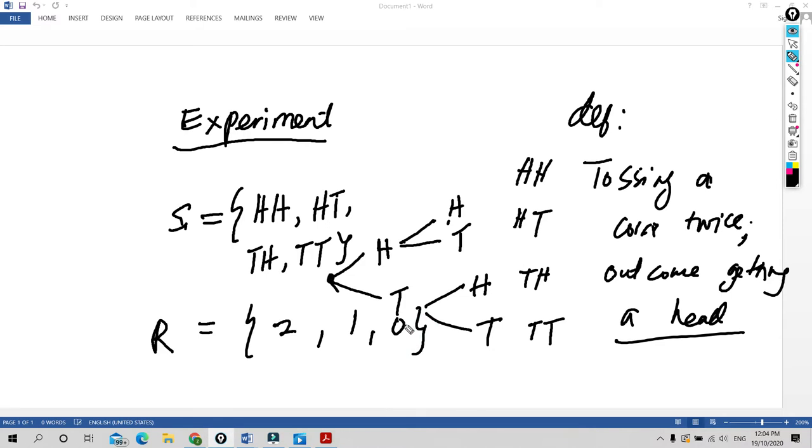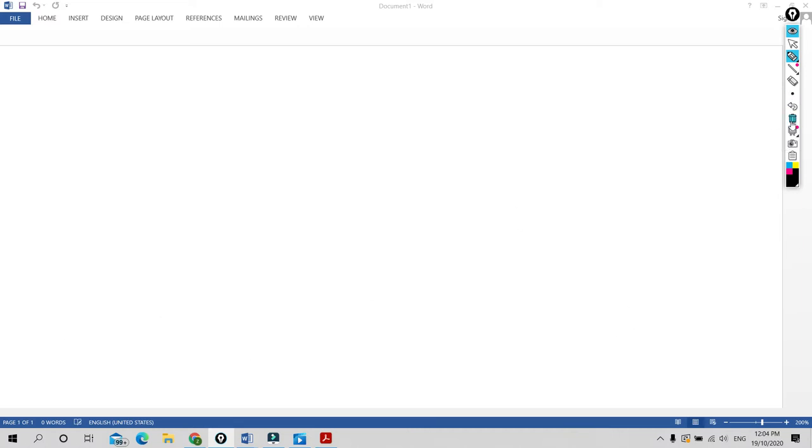So if we draw in terms of the domain and range, here is your domain, and here is your range. So we can have it like this. Here is our domain.